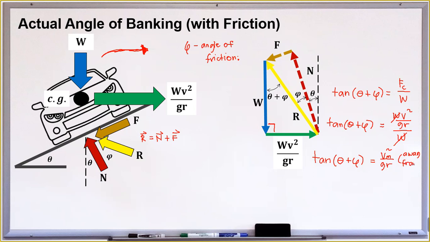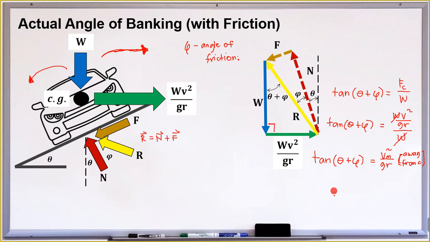Away from the center. The assumption is that if your speed is very slow, there is a possibility that you will slide down in this direction, meaning you slide along the inclination of the road.